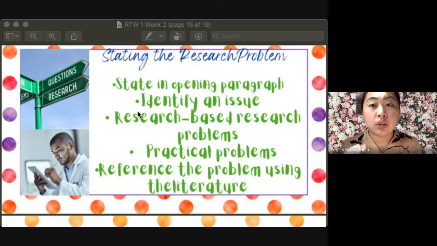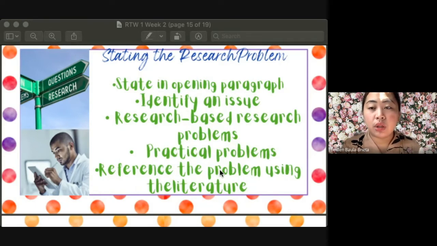So you need to include the readings that you have used in arriving at that research problem, the references of the problem, the literatures.